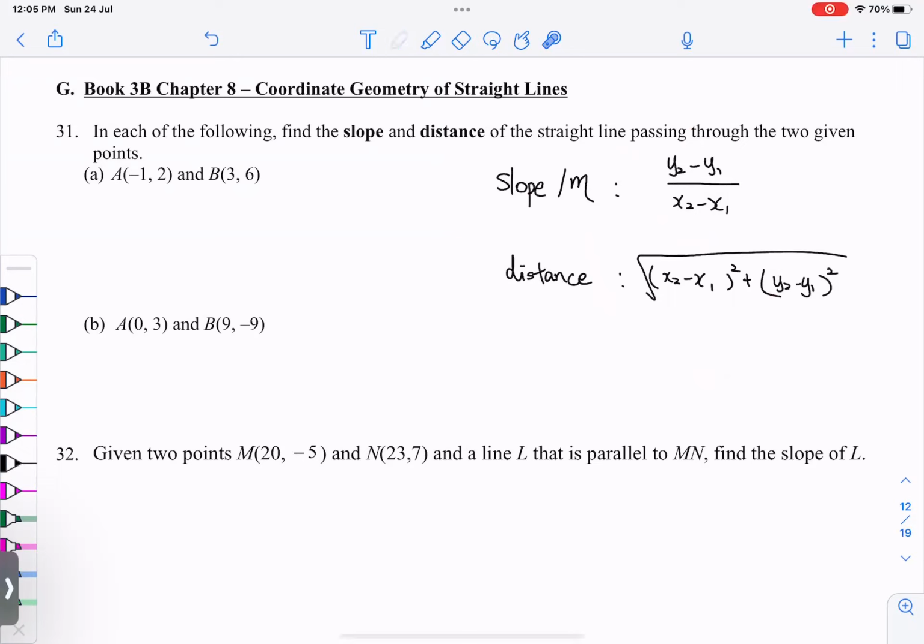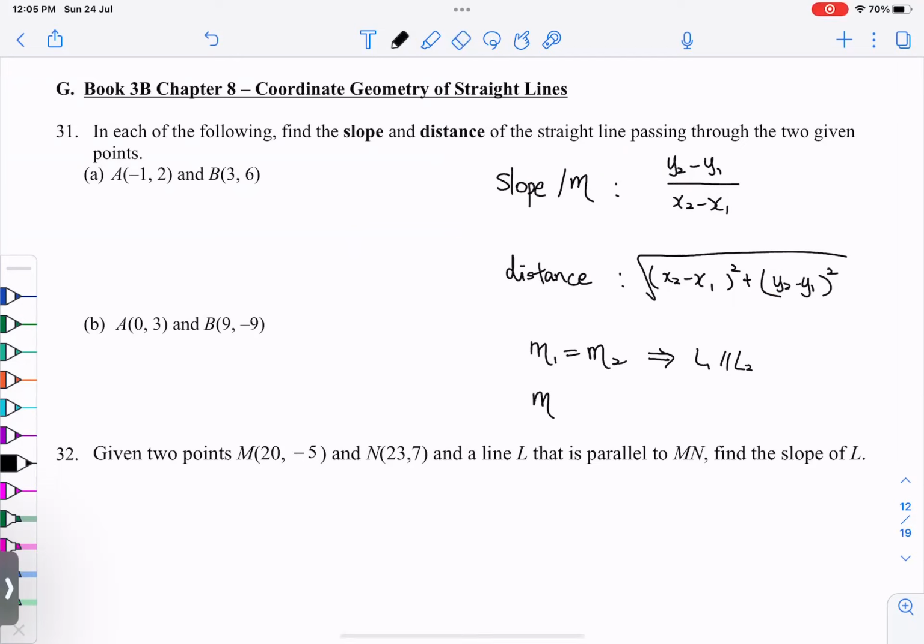Apart from these two basic things, you also need to know that if slopes are the same, those lines are parallel. Slope basically means how high or how slanted you are going.